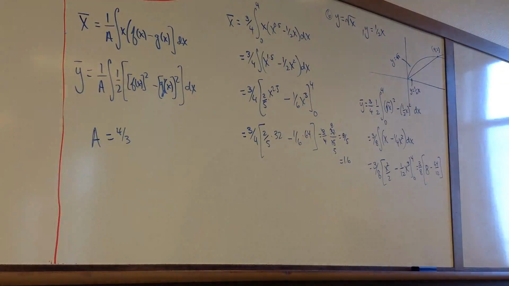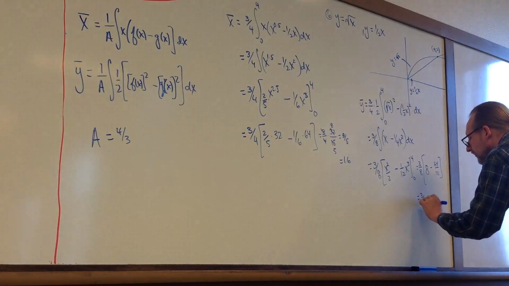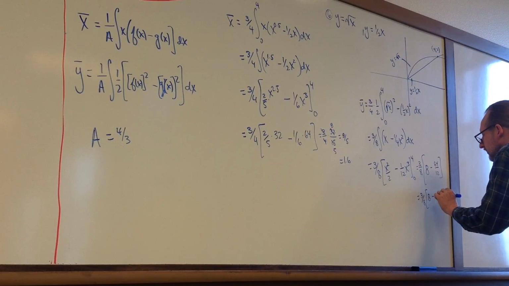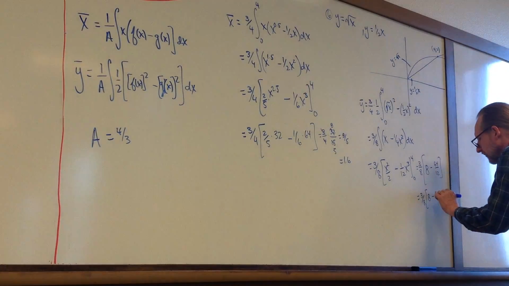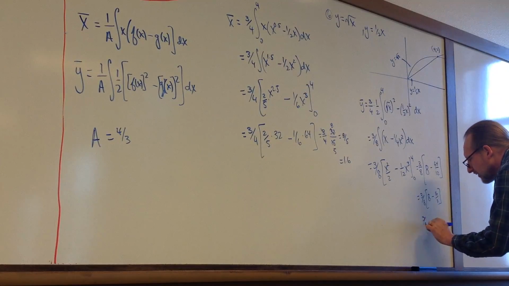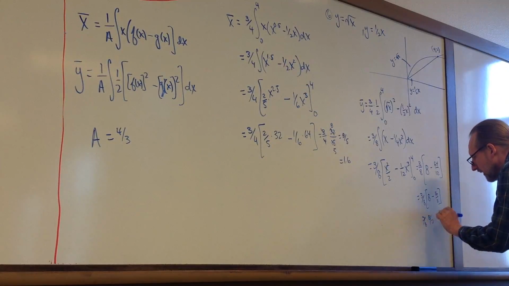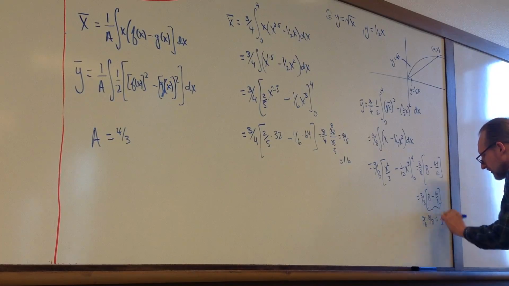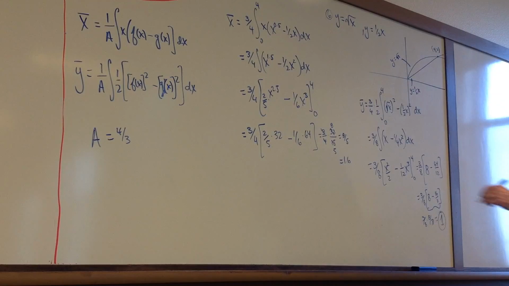Let's see here. Yeah. So this is going to be 3/8 times 8 minus 16 over 3. This is 24 over 3. This actually ends up being 1. Okay? This piece right here is 8/3 times the 3/8, and so our y bar is 1.